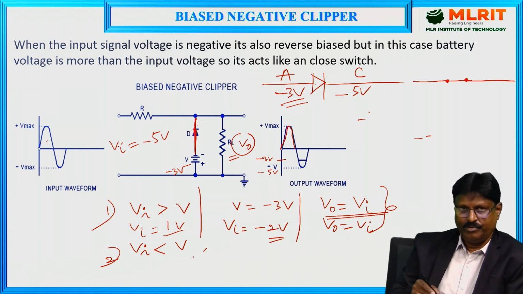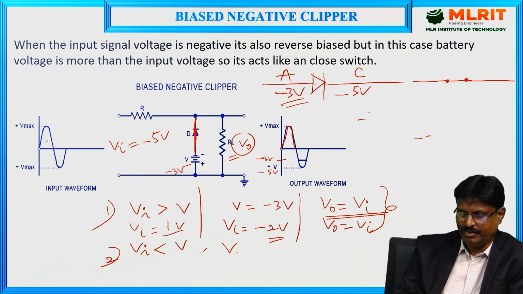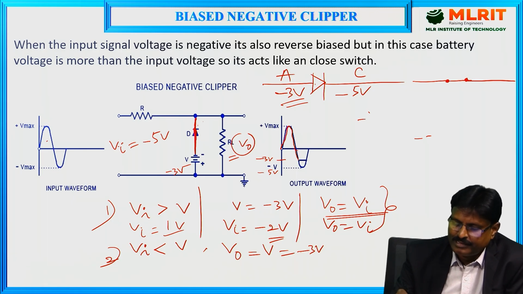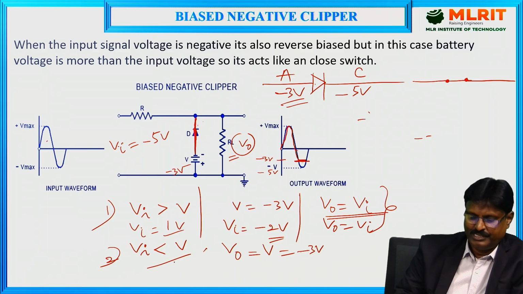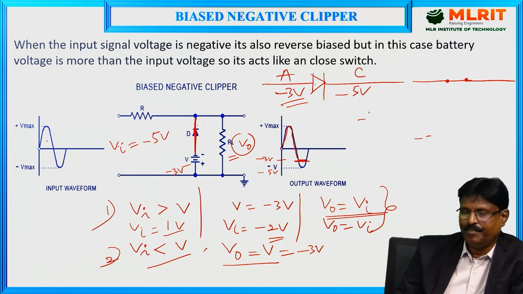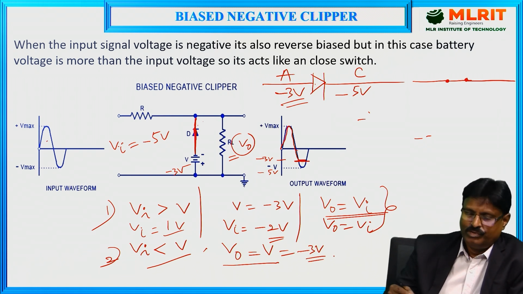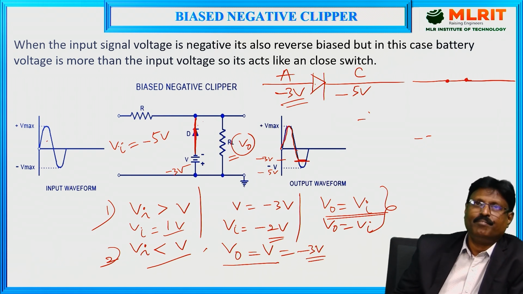So in this case, we can write output voltage is equal to V, and here we have taken it as minus 3 volts. So that's why it is fixed here. Whenever Vi is less than V, output voltage is equal to the battery voltage, that is equal to minus 3 volts. Okay, so this is a biased negative clipper.